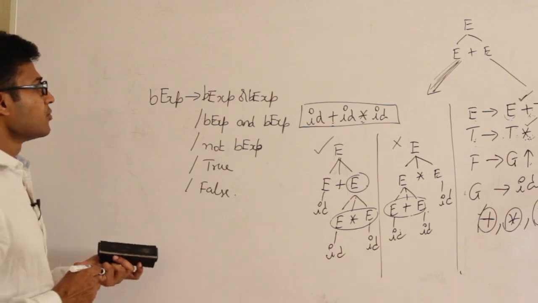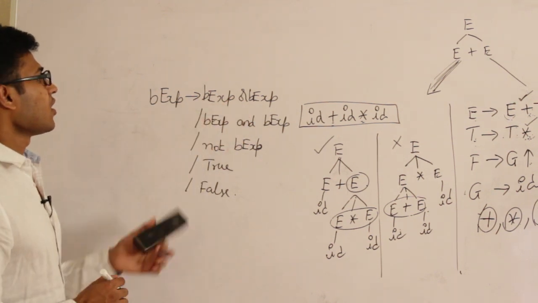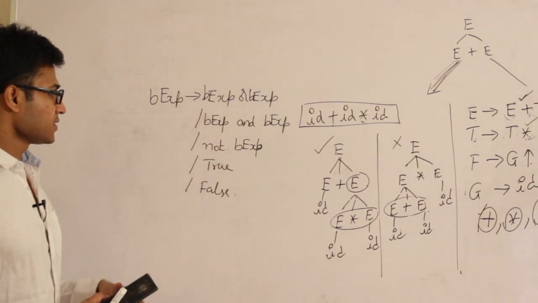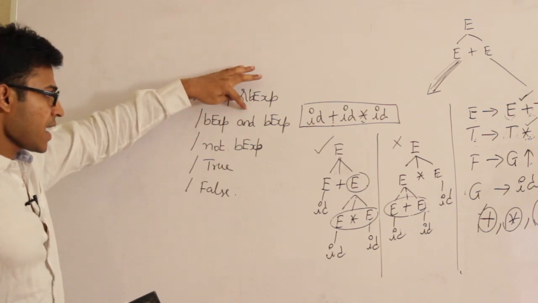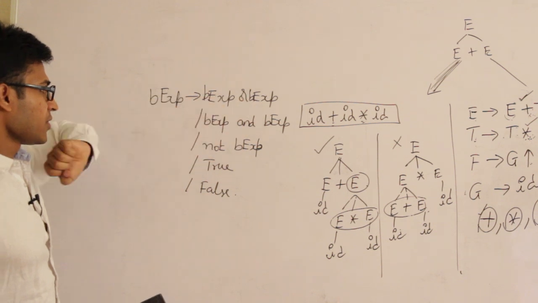Now there are three operators, OR, AND and NOT, and the terminals are true and false along with these operators, right?